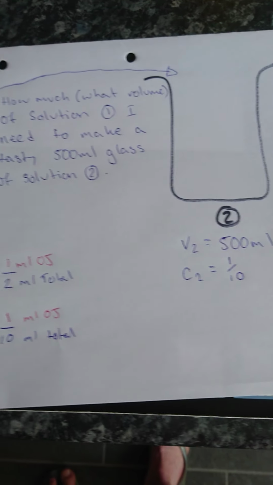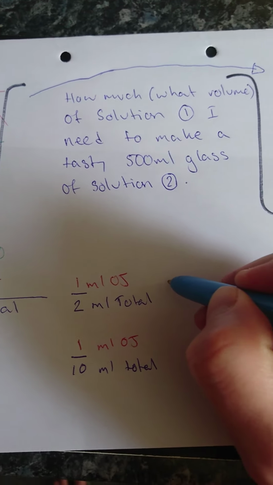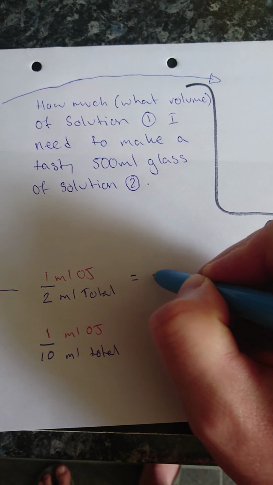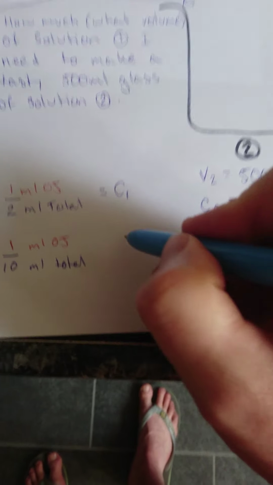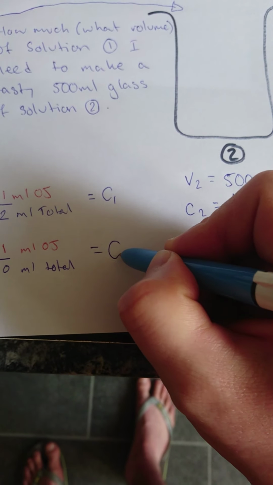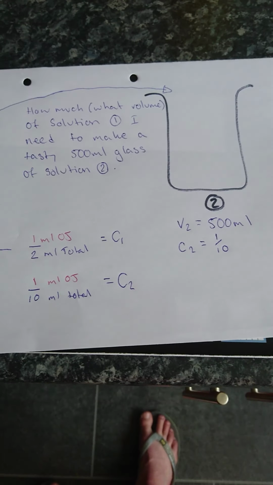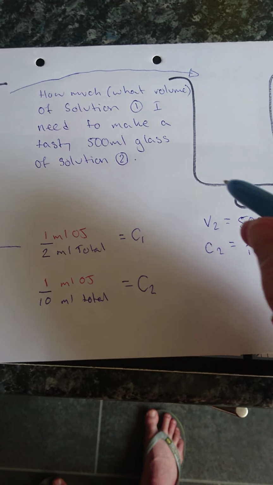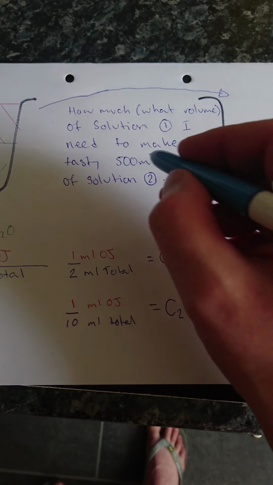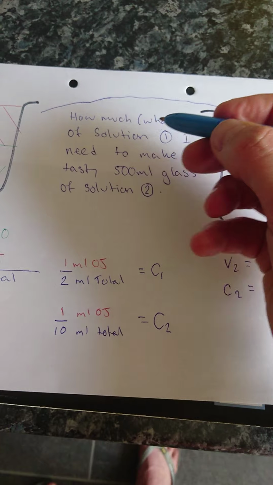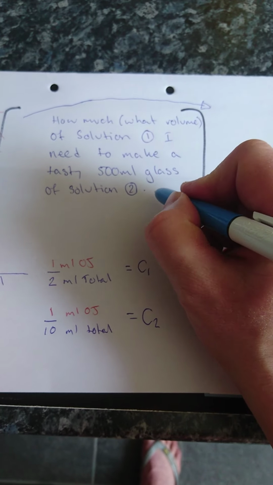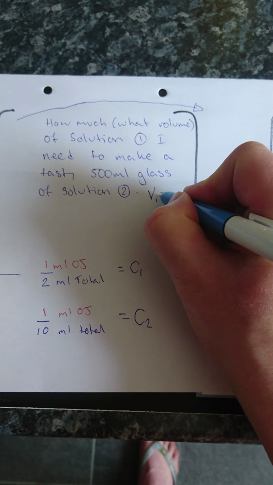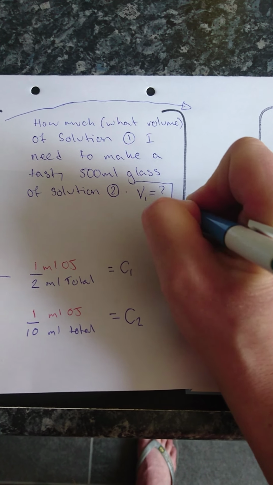We know that the concentration of 1 was 1 in 2. But we want to know what is the volume of 1 that we're going to take from glass 1 and put into glass 2.